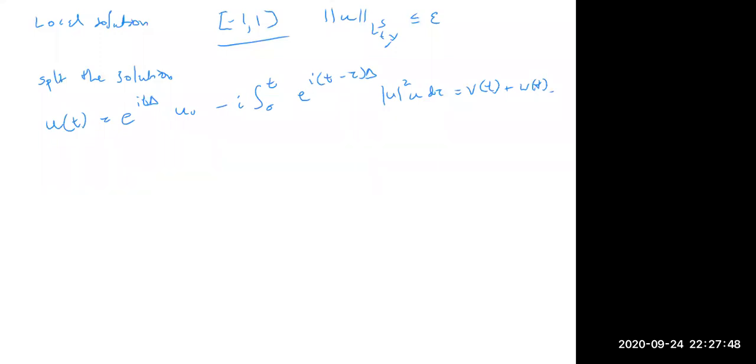Now, we wouldn't necessarily expect to have an energy, but V is going to be in the same order Sobolev space as u_0, while maybe W could have more regularity, and that's the argument of Bourgain, in a nutshell.